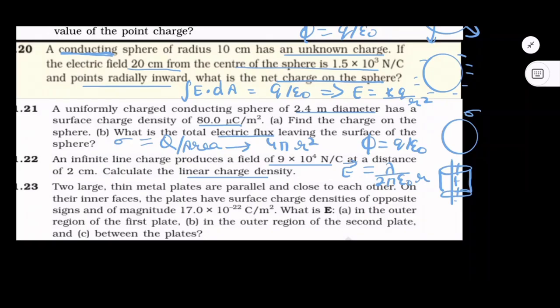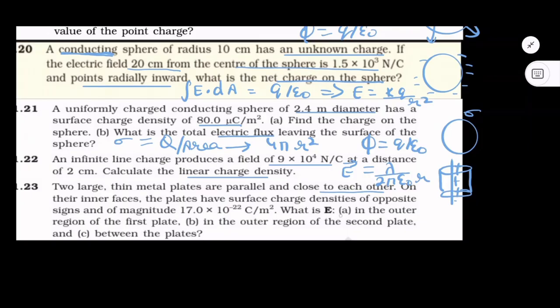Now let's do the last question of the exercise, which says that two large thin metal plates are parallel and close to each other. On their inner faces, the plates have surface charge densities of opposite signs and of the magnitude this much.